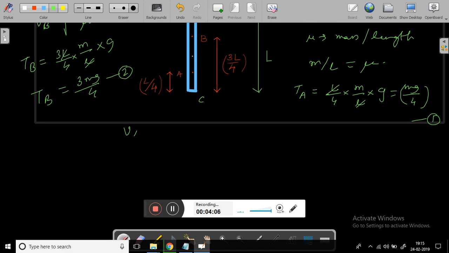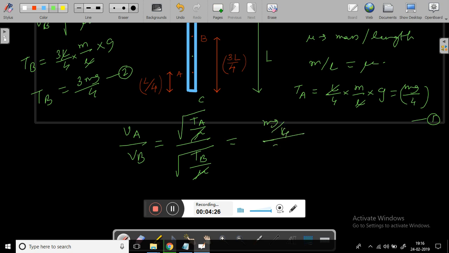Now we simplify. We can write vA by vB, the velocities at points A and B, is equal to root of TA by mu divided by root of TB by mu. Now we put in these two values, mg by 4 divided by 3mg by 4. We cancel 4 and cancel mg, so it comes down to 1 by root 3.